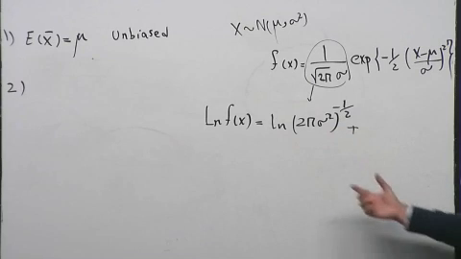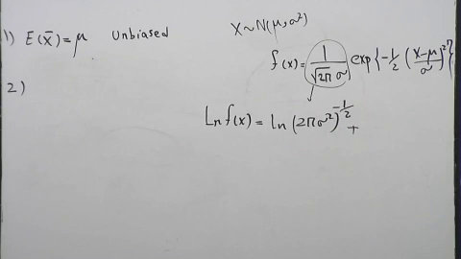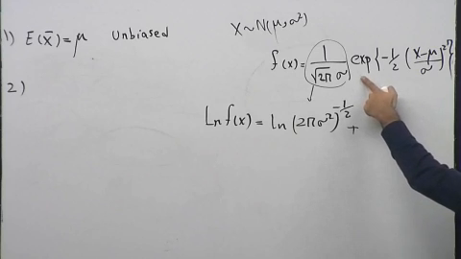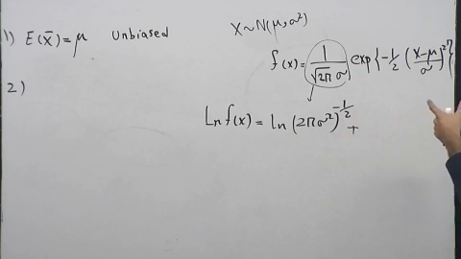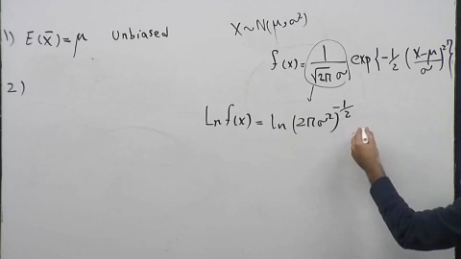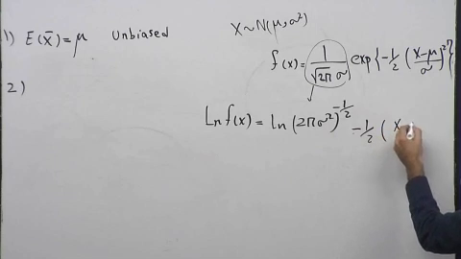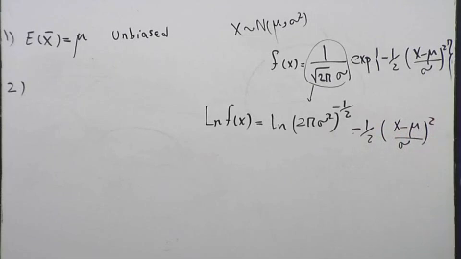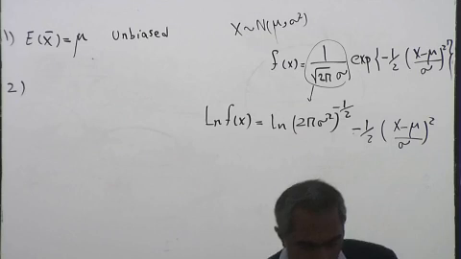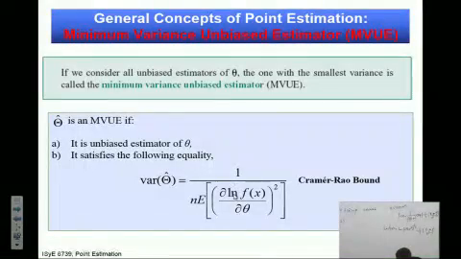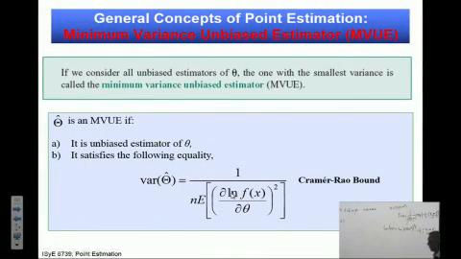Plus, because we know that the log of a multiplication is the summation of logs, so the log of the exponential is going to be 1. So in this case, this would be minus half times this guy. You agree? Is it clear? Any questions so far? So what I'm doing, I am finding the natural log of the PDF function for normal distribution.